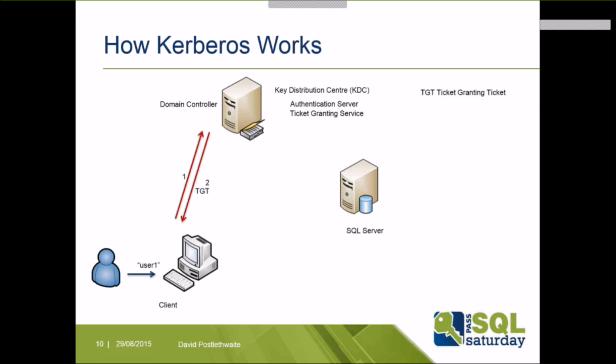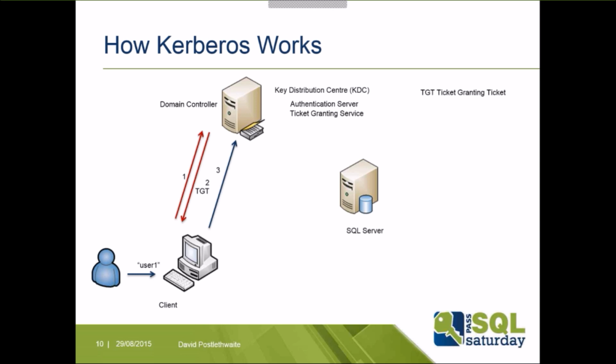It then grants the client a TGT, a ticket granting ticket. Think of the TGT as a general admission ticket to the domain. It allows the user permission to get onto the domain, but not necessarily access to a specific service. When the client wants to connect to the SQL Server, the client uses its TGT to request a service ticket from the KDC.